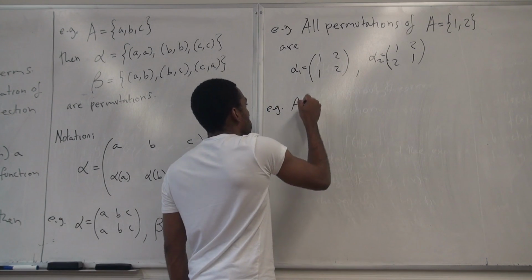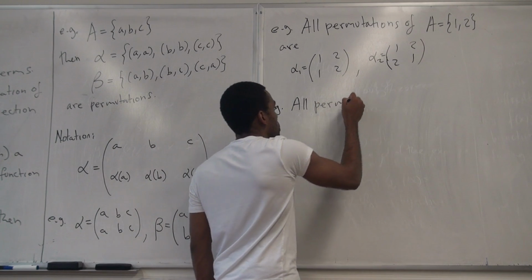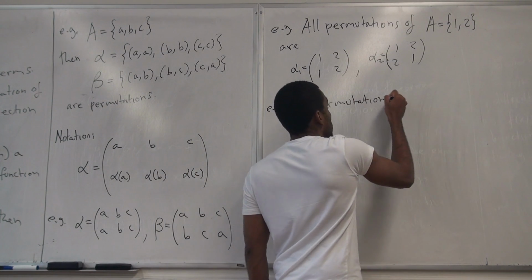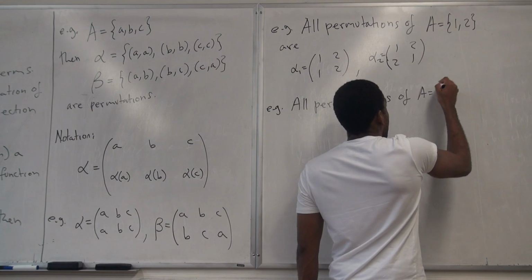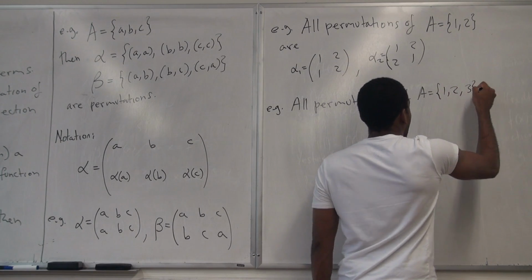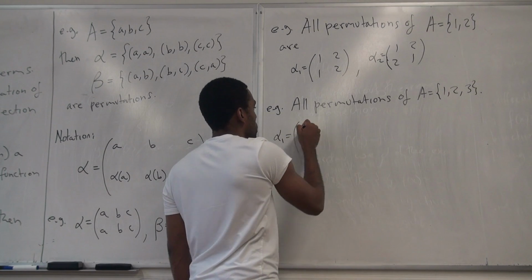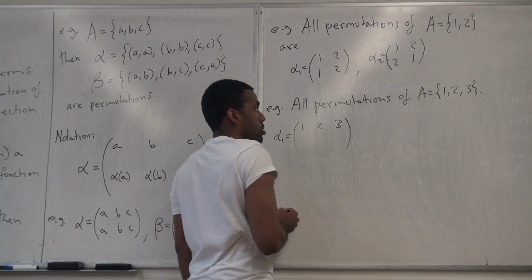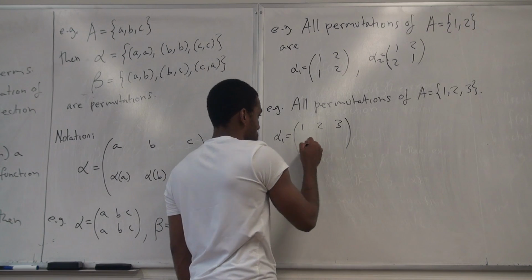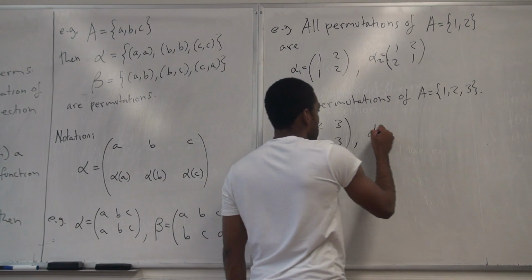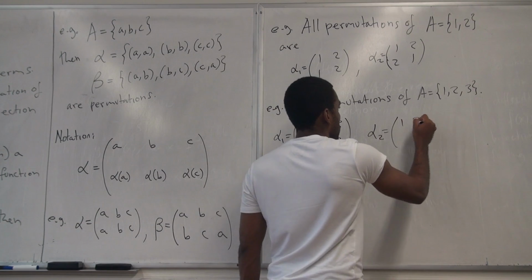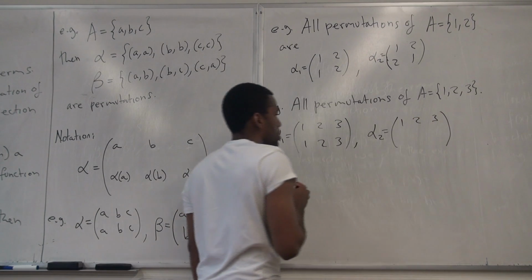What about if I looked at all permutations of 1, 2, 3? What's the first one? We just list them, 1, 2, 3 in order, then we go to itself, 1, 2, 3. Then 1, 3, 2.